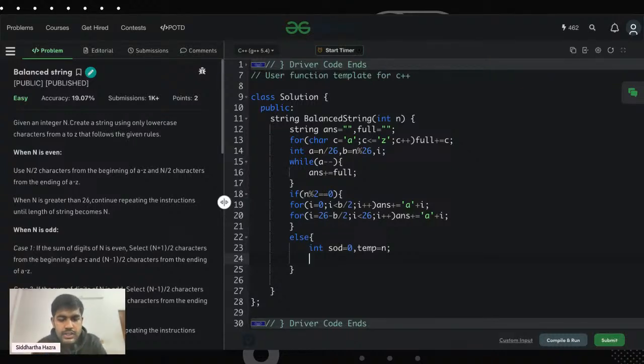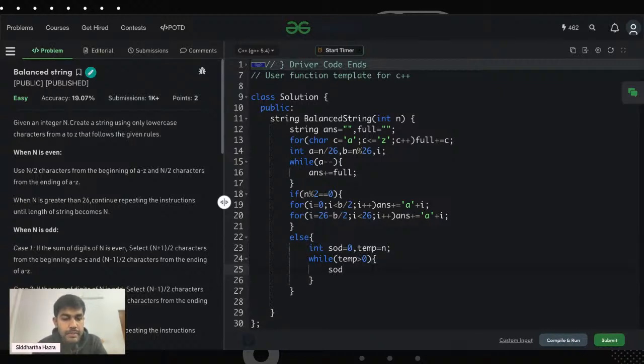So while the number temp is greater than 0, SOD plus equals temp modulo 10, so we find the last digit. Then to move the whole number, we do temp divide equals 10 itself.